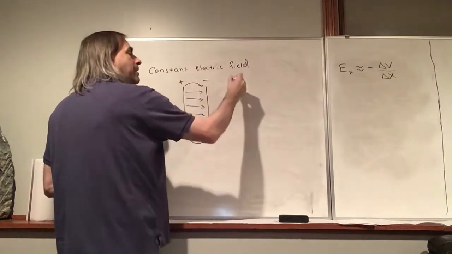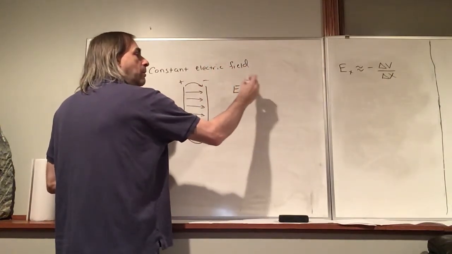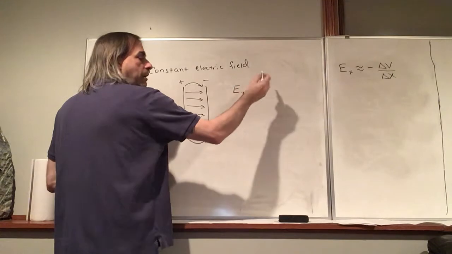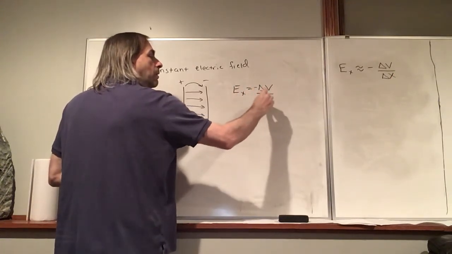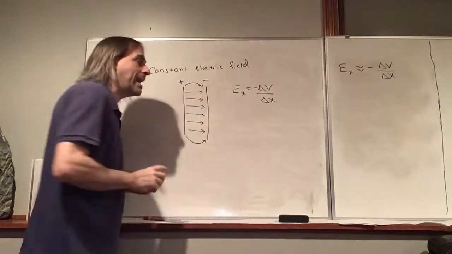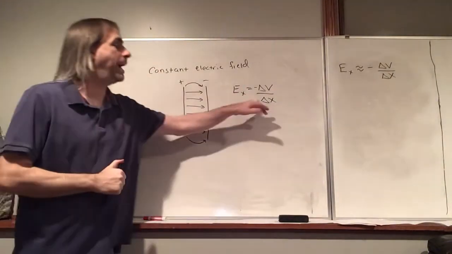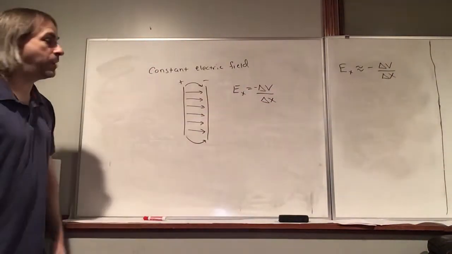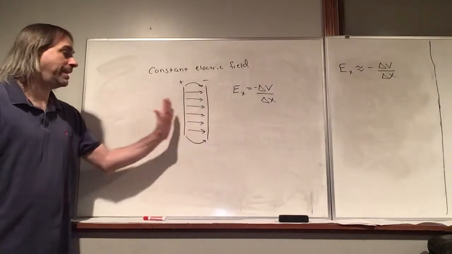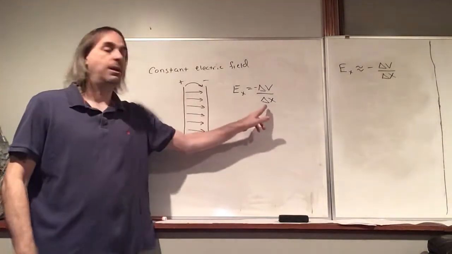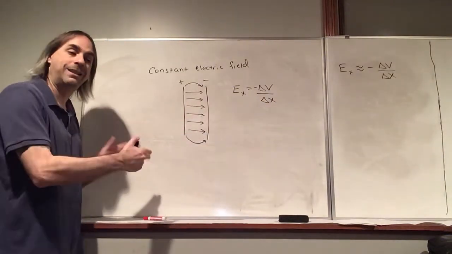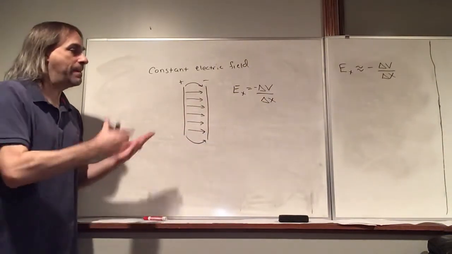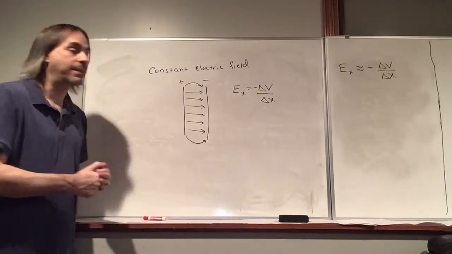So for a constant electric field, the electric field, say in the x direction, is exactly, in magnitude, equal to delta V over delta x, whatever delta x you pick. As long as both of the points where you calculate the potential are in this constant electric field, it doesn't matter which 2 points you pick, you'll get the same number.